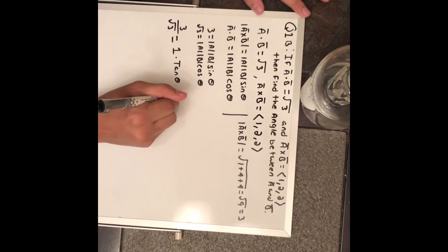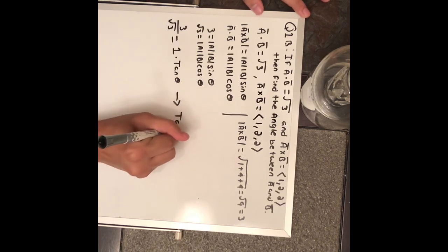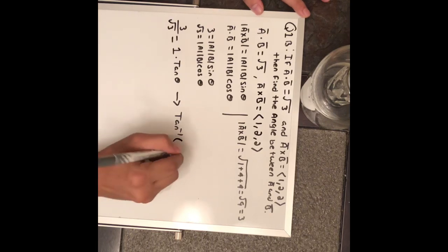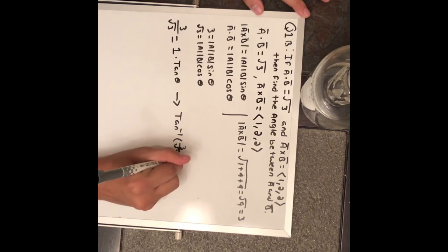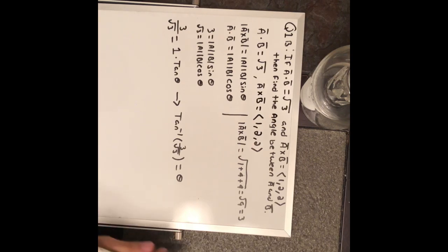To solve for theta, we will do the inverse tangent, and we will isolate theta, and by doing so, we will allow ourselves to find the angle.